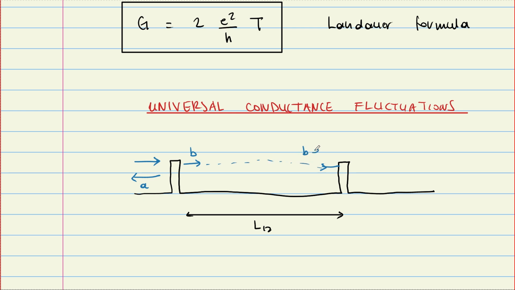Let's call it B times e to the i phi, because these are waves moving with Fermi velocity, so phi is k Fermi times L12. We are using the e to the ikx form of waves. And here it is going to be reflected as C times e to the minus i phi. And this phase is going to be coming here, and this is C. And there will be another transmission here, which we are going to call D.